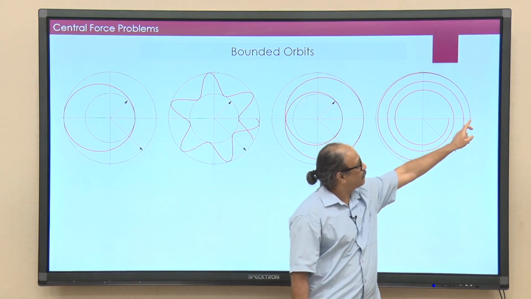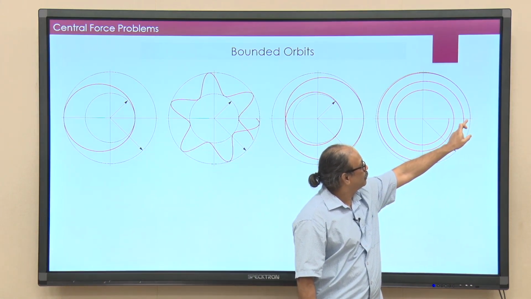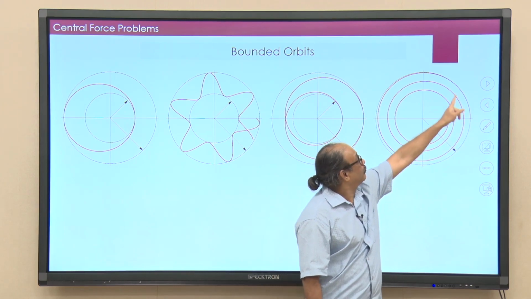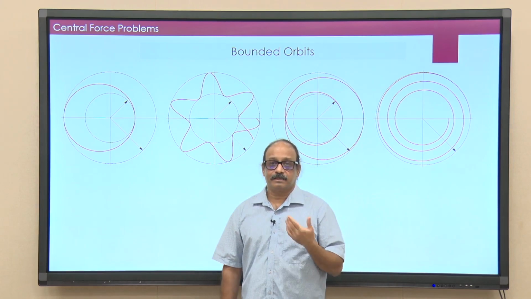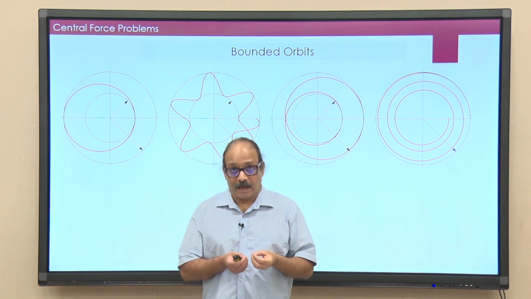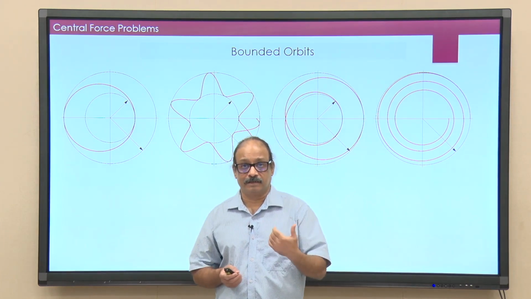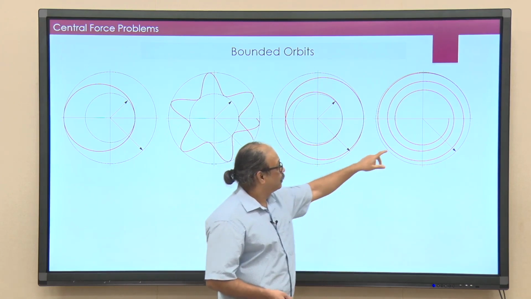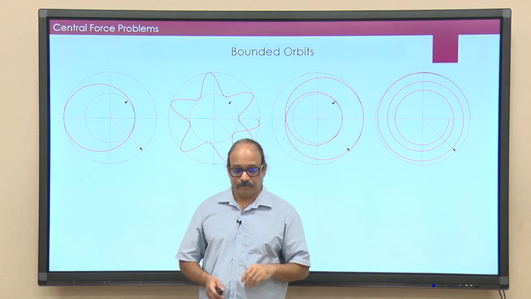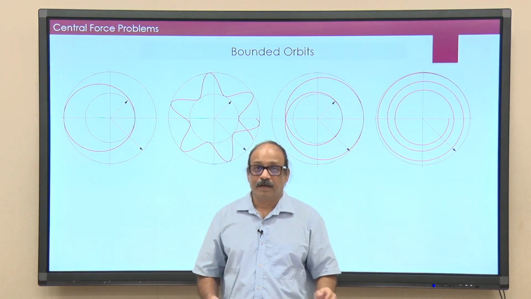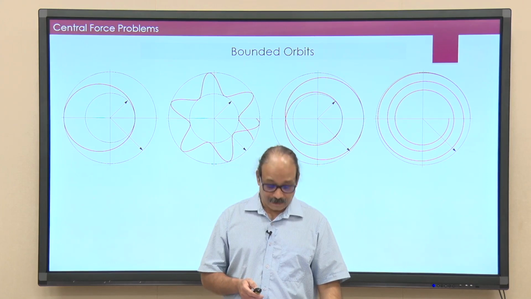This orbit started from the turning point, and from this point onwards it keeps spiraling inside. As it spirals inside, its angular speed increases as r decreases, and eventually the spiral crashes into the center of the force. So, these are the kind of bounded orbits you can get, okay?